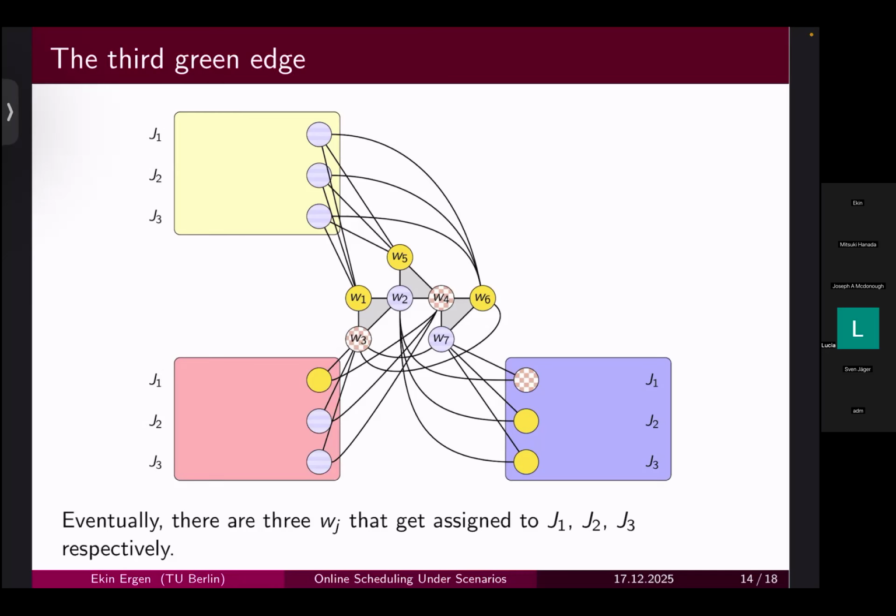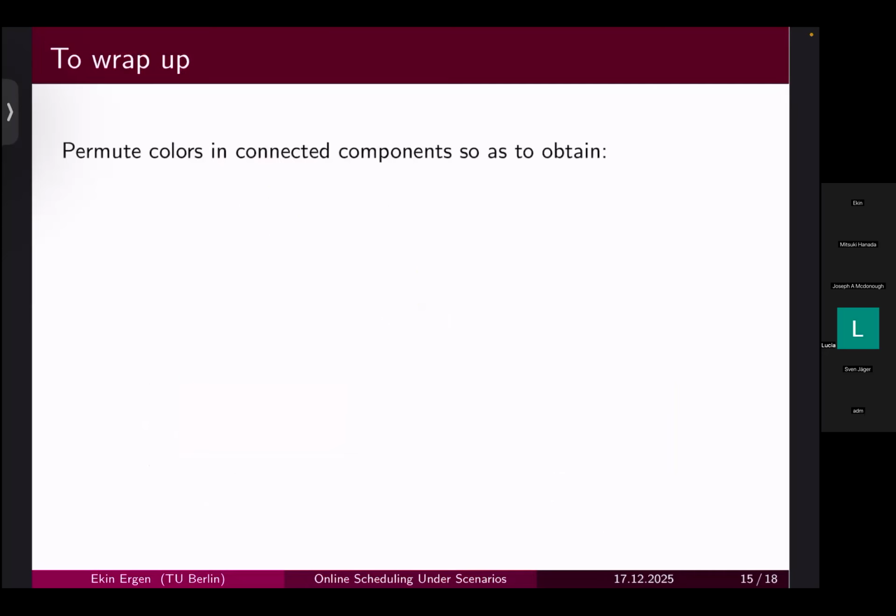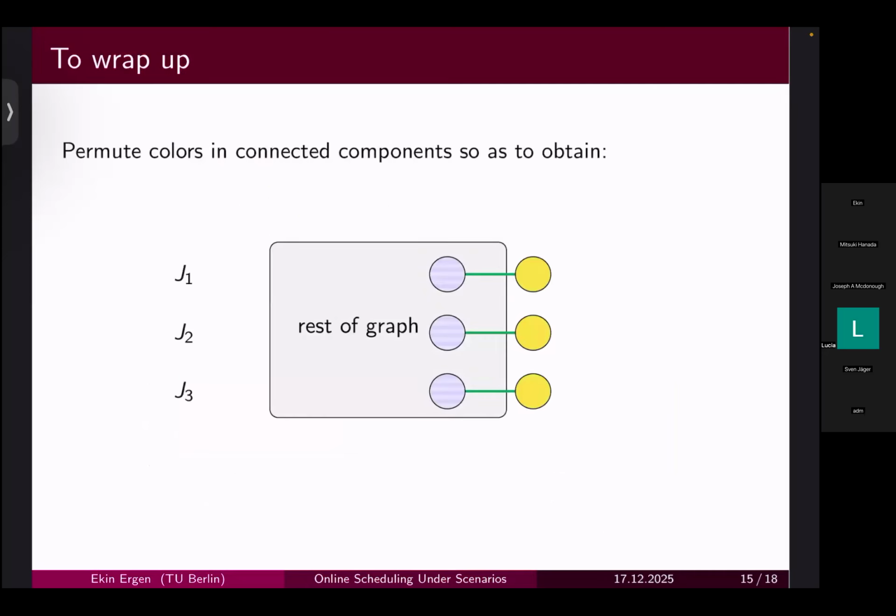So eventually, we get the 3 parallel green edges and take one of them. And then we have exactly a situation that looks like this and can add one last vertex to force a monochromatic edge on one of the online colors.